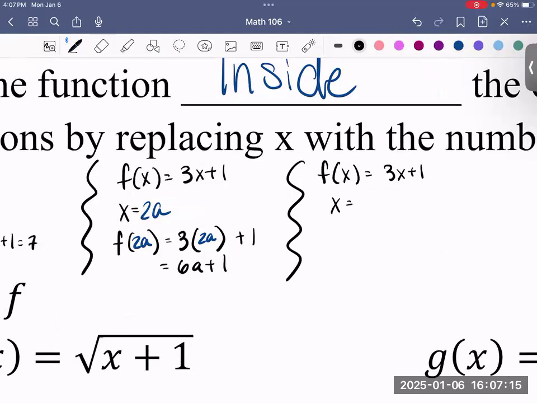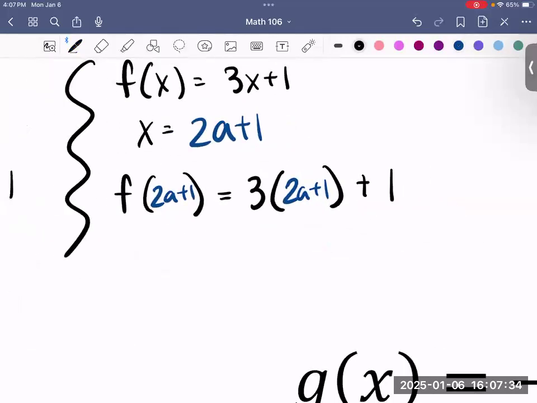Let's just say x is now equal to 2a plus 1. So f, again, leave a gap where the x used to be, and then you just replace it with 2a plus 1. Now that it's a binomial, or if it's bigger, all you're going to do is multiply throughout that expression. 6a plus 3 plus the 1 from the outside.